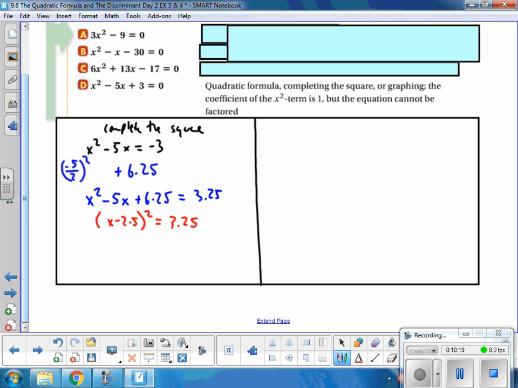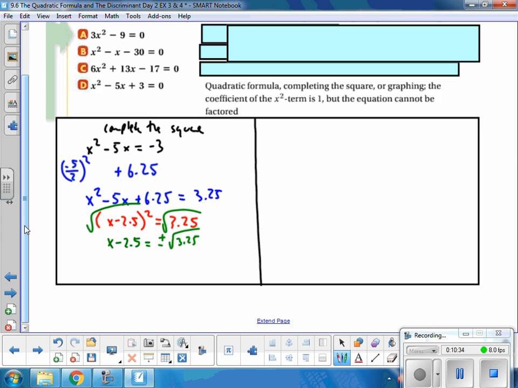And when I square root both sides, I end up with x minus 2.5 equals plus or minus the square root of 3.25.